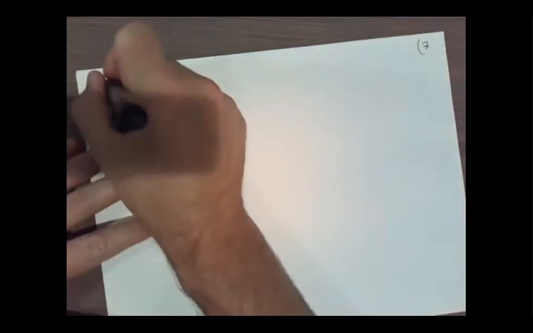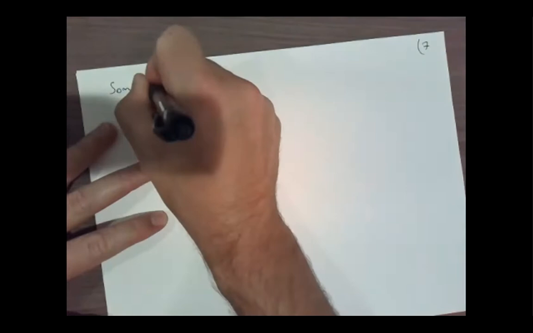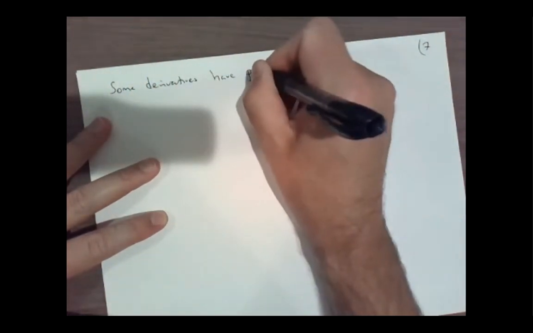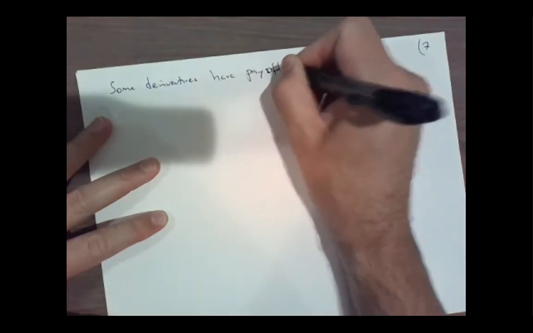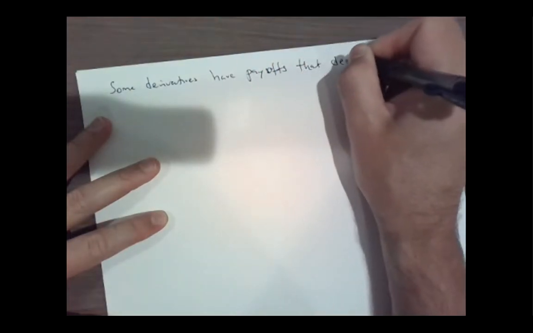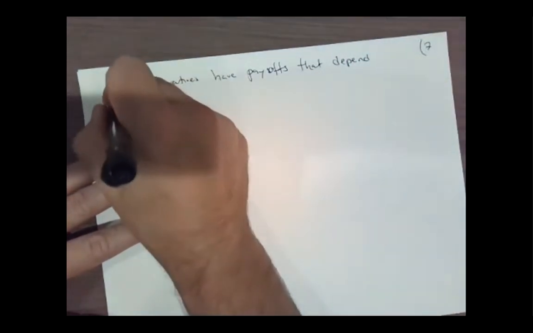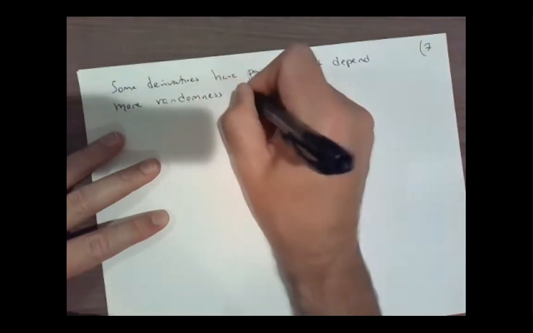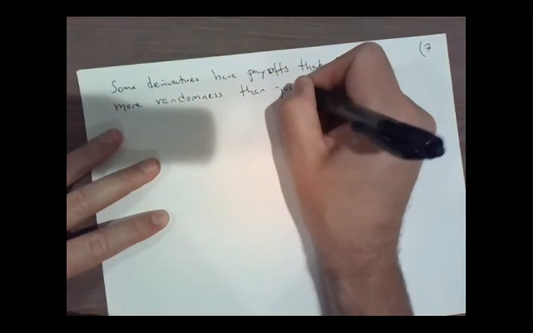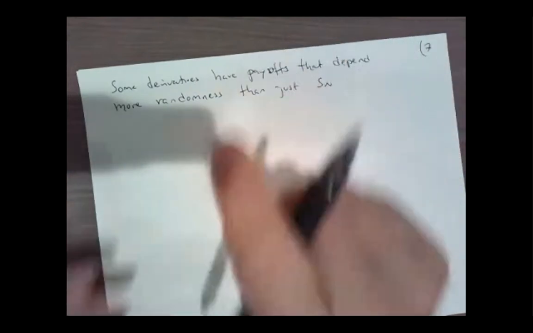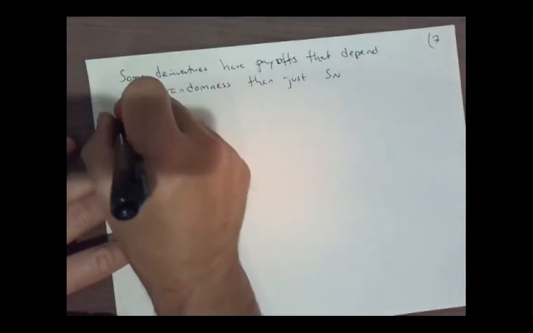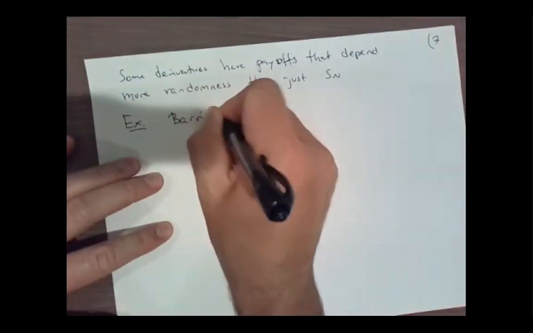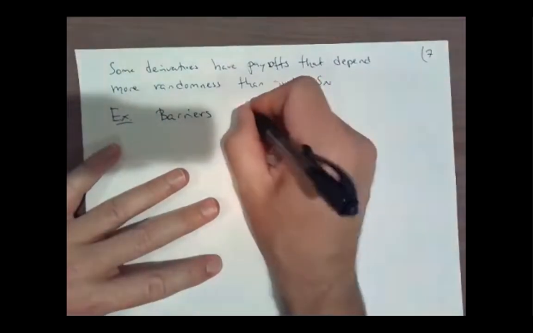Sometimes some derivatives have payoffs that depend on more randomness than just Sn. So examples include barriers. Barriers are like maximum and minimum.